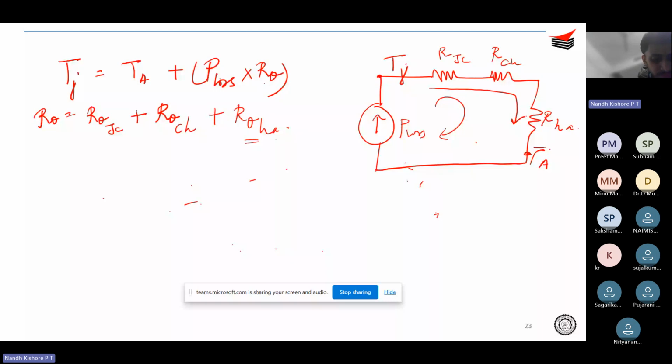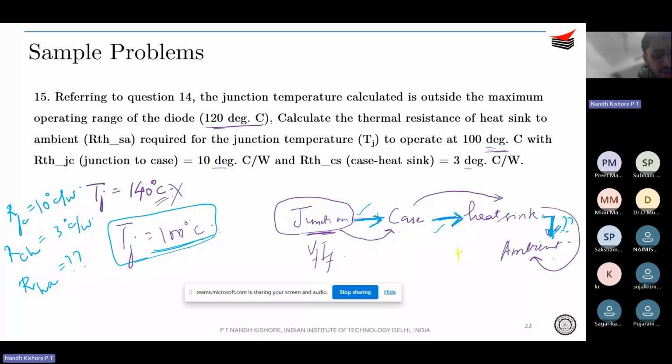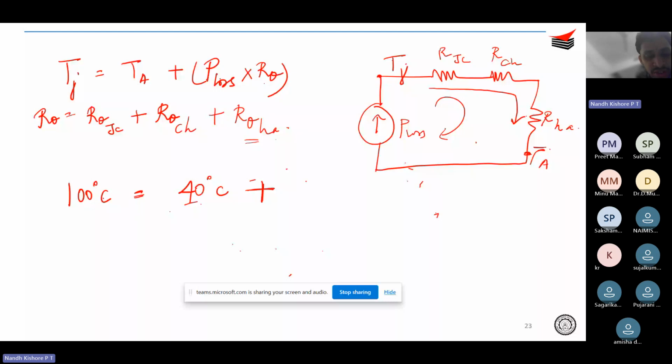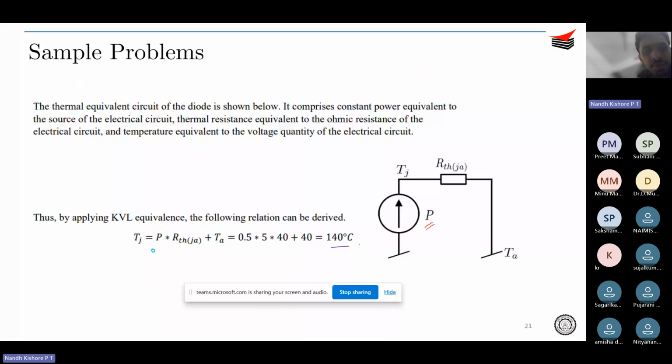So they have mentioned in the problem to restrict your Tj to 100 degrees. 100 degrees is equal to, what is TA? 40 degrees mentioned in the problem, plus what is P loss? P loss is something that we computed in the previous problem. P loss is 2.5 watt.